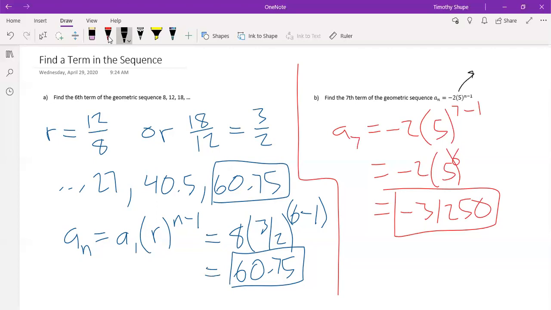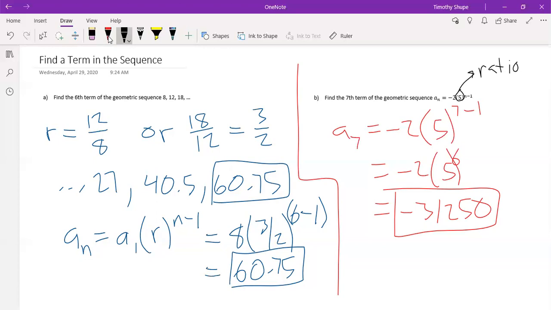Right here, this 5 is our ratio. So the reason this one got so much bigger is because we were multiplying by 5 every time instead of just multiplying by 1.5. So that 5 right there, or whatever that value is that's being raised to the exponent, becomes the ratio of the geometric sequence.